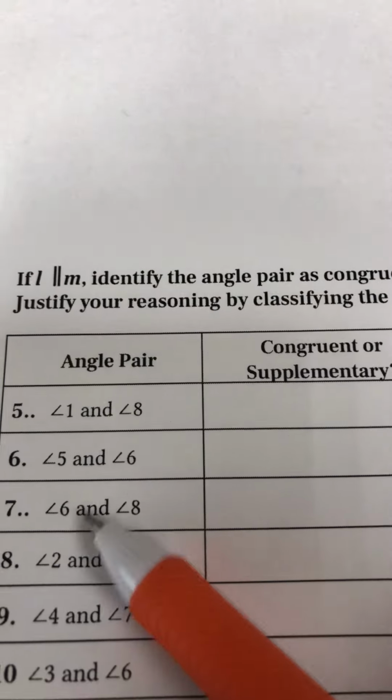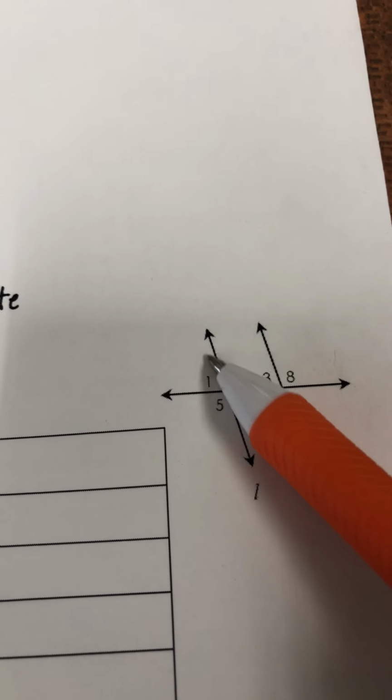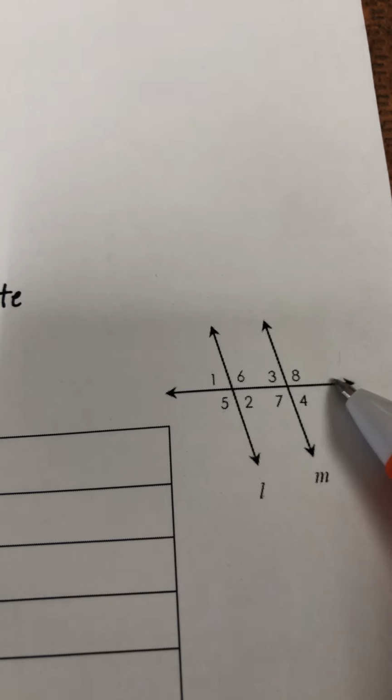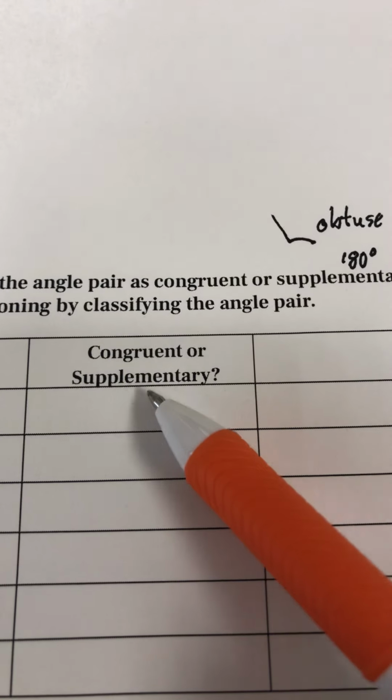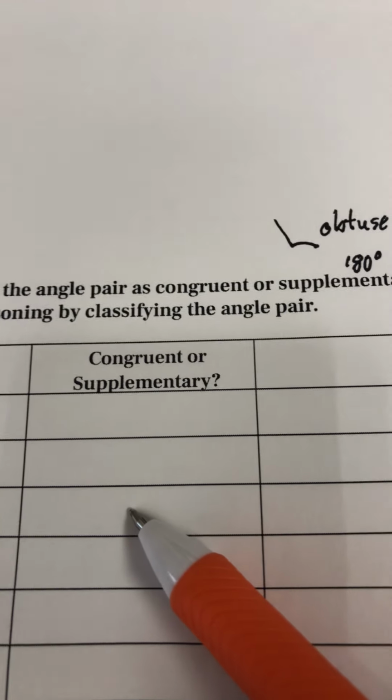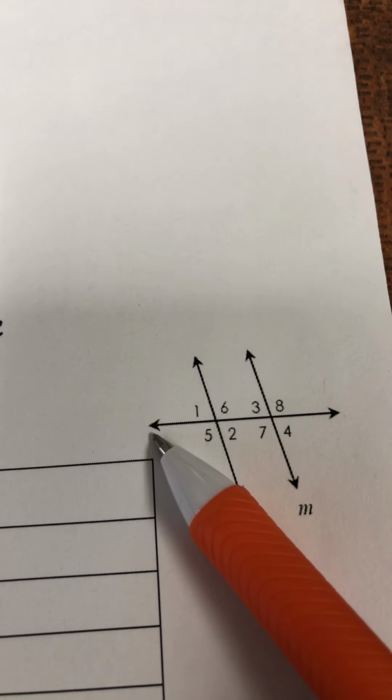Number 7, 6 and 8. 6 and 8 are right here. Notice this one's obtuse and 8 is obtuse. They're both obtuse. Does that make them congruent or supplementary? And then they're on the same side of the transversal.